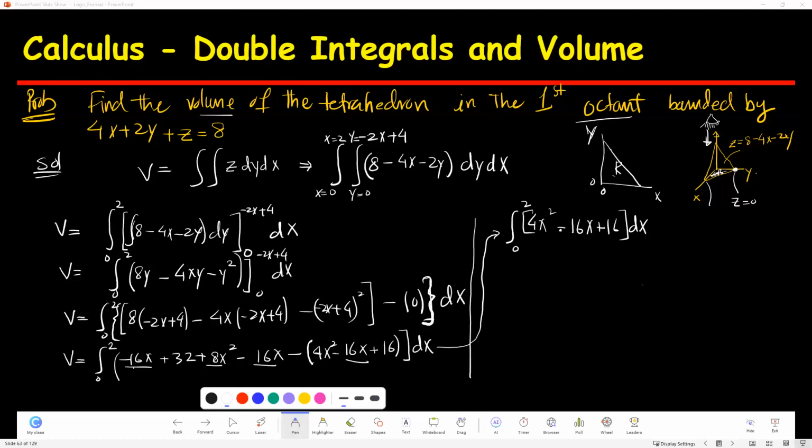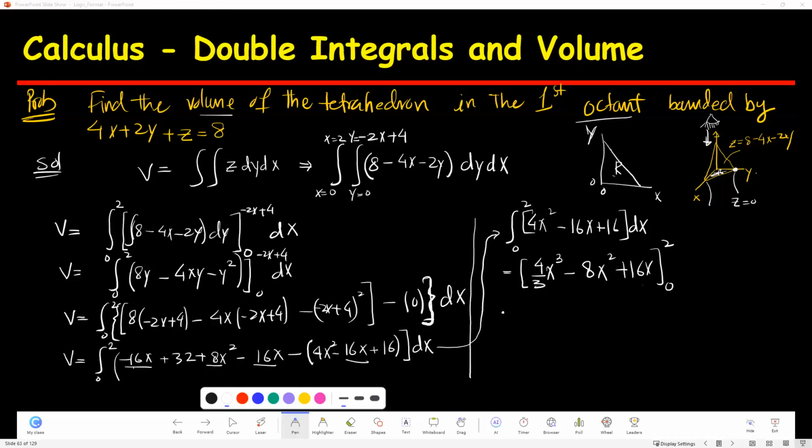Okay, let's take an integral for this one. It's going to look like 4 over 3 x cubed. I'm taking with respect to x, minus 8x squared plus 16x, and the limit is 2 and 0.